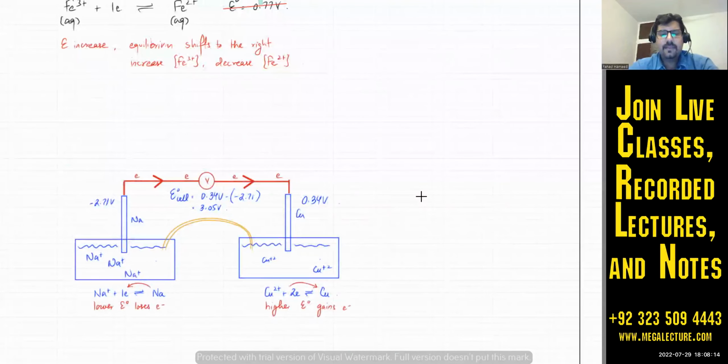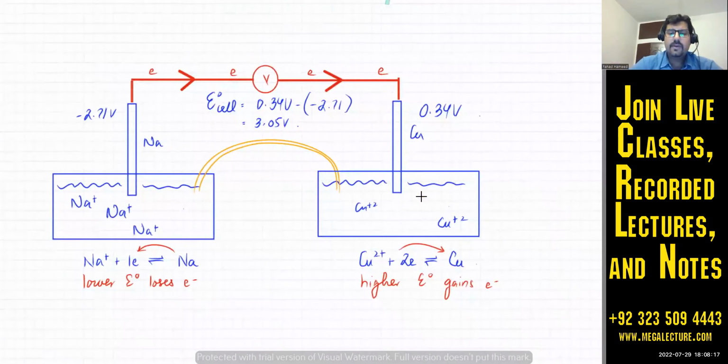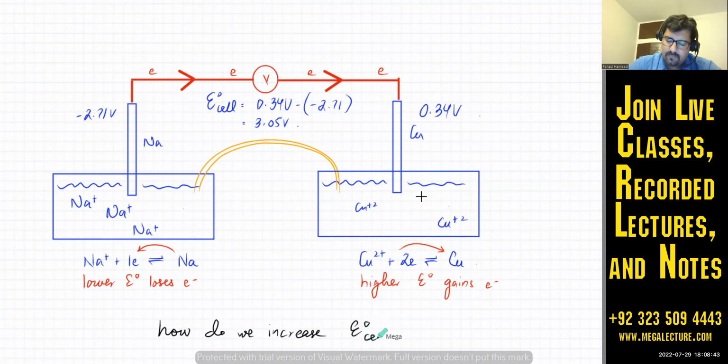The question they're going to ask you is how to increase the voltage. How do you increase the E0 cell?